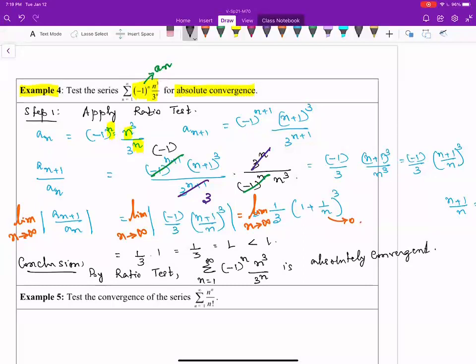The question is asking us to test whether the series is absolutely convergent. It is absolutely convergent. Because it is absolutely convergent, you can even go one step further and say that it is convergent in this particular case.